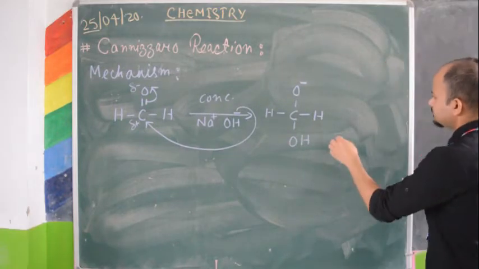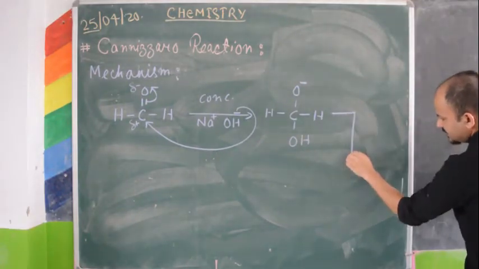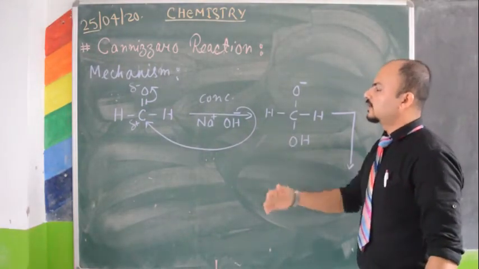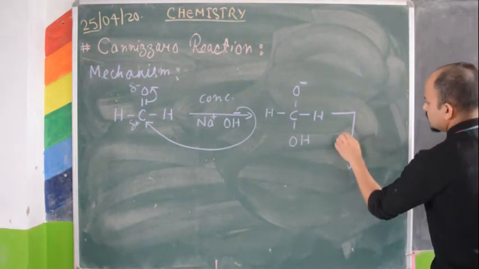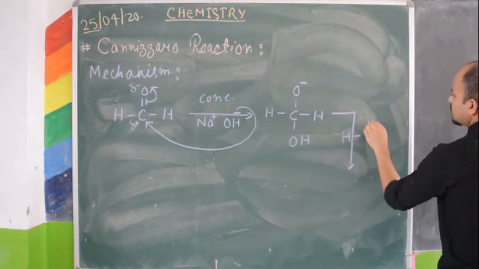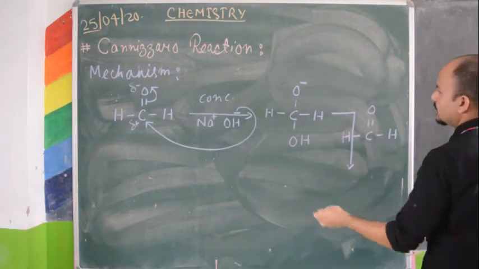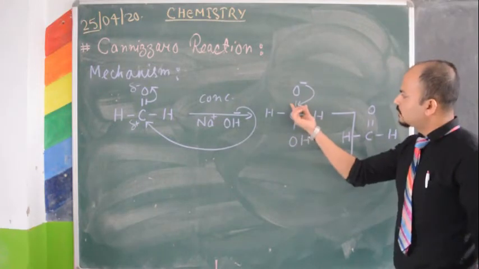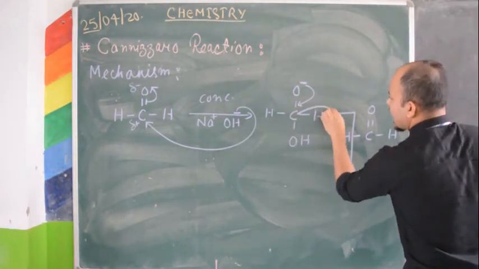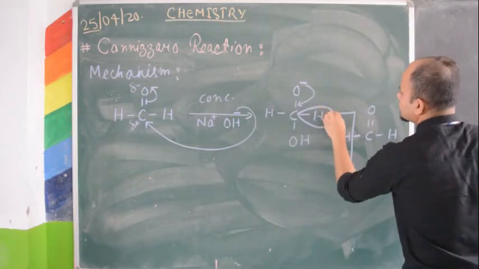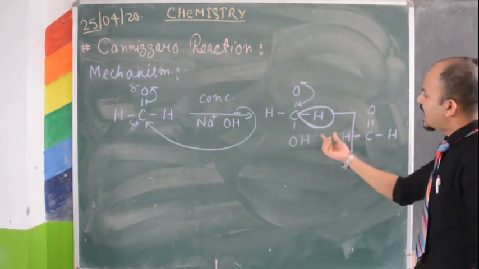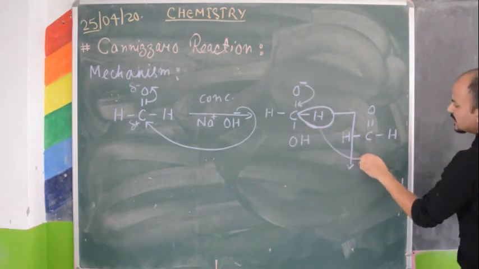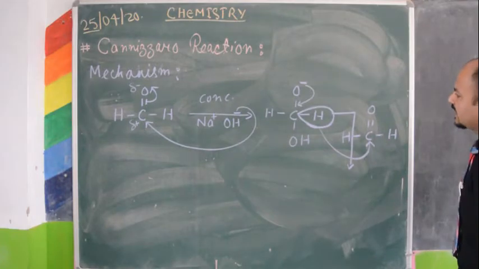Now, in the second step, the other molecule of formaldehyde will be used. So H, C, double bond O, H. Now, whenever this negative charge comes back and forms a double bond here, this hydride, please look at it carefully, this hydride means hydrogen along with this bond will migrate to this carbon center. Okay?